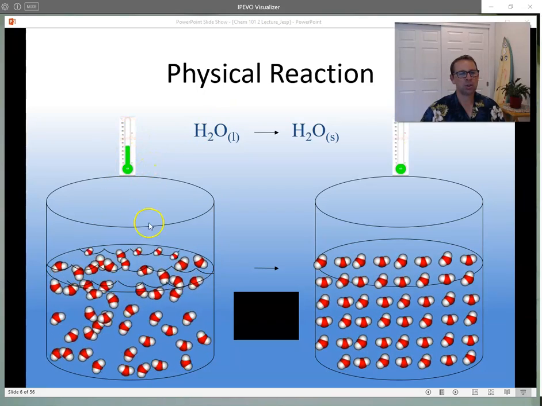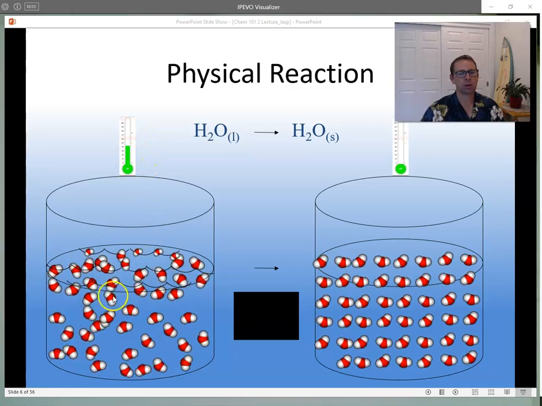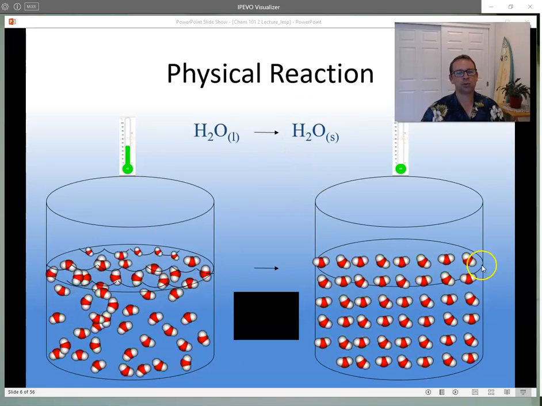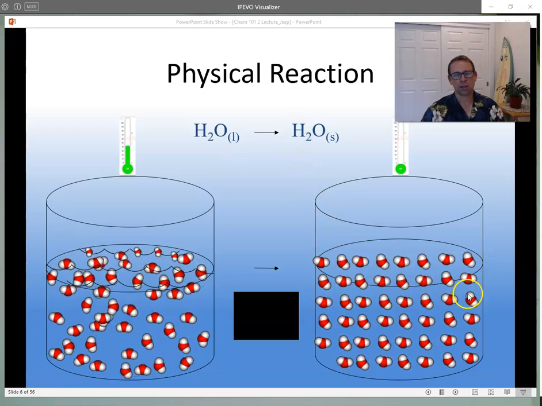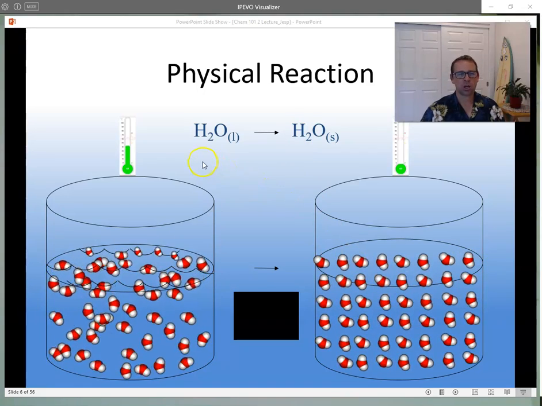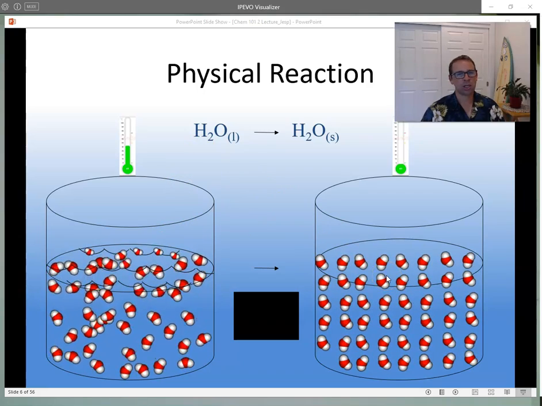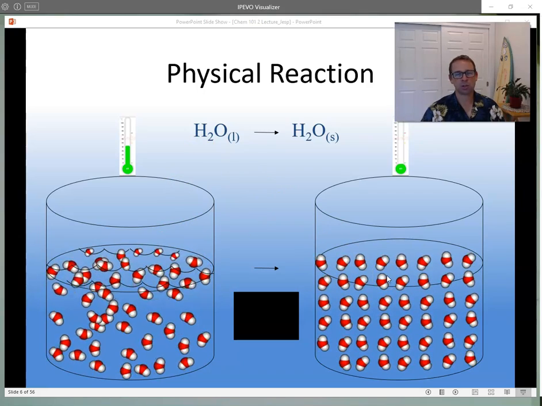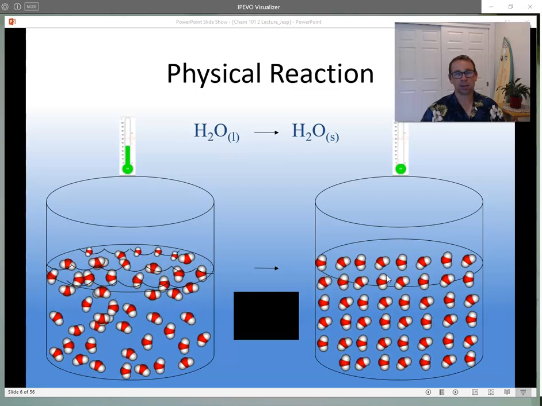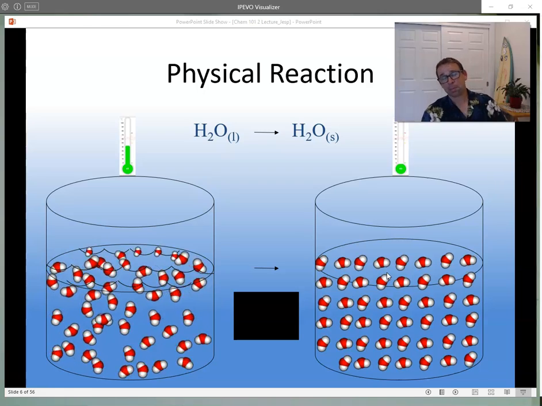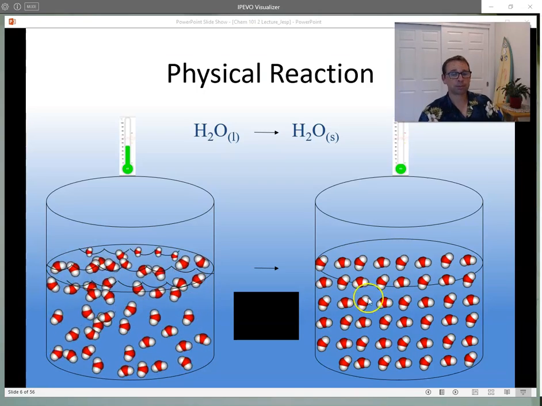So at the higher temperature, water molecules are moving around quickly, but as you cool them down, they move very slow, right? So essentially temperature is just changing how fast the molecules are moving. It's not performing chemistry in terms of changing the chemicals' properties.